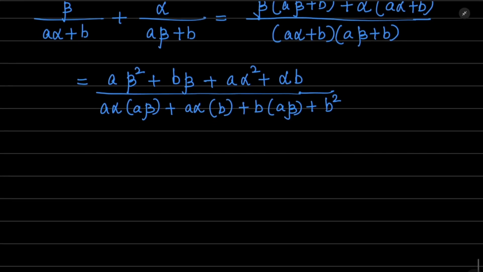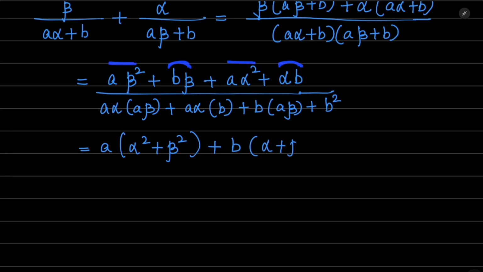Okay, so here what can we take common? In these two terms, you can take a common out. So a common, what will remain is alpha square plus beta square. And then in these two terms, b beta and b alpha, you can take b common out. So plus b, and then what remains is alpha plus beta.